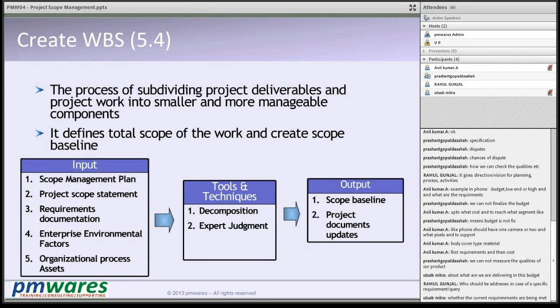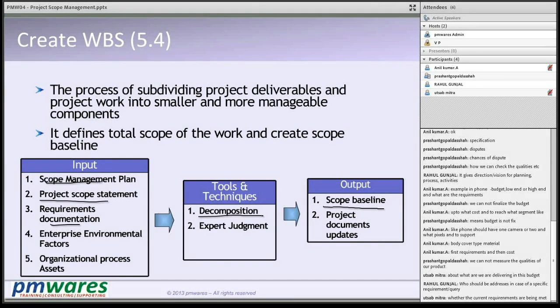So the scope statement, scope management plan and requirement document are all inputs. You decompose it into smaller pieces. The deliverables get decomposed into smaller pieces, and the scope statement with the work breakdown structure creates the baseline.